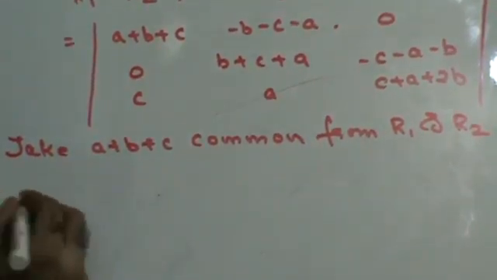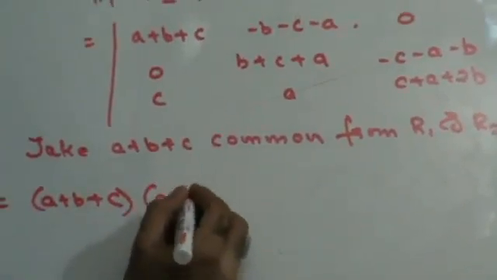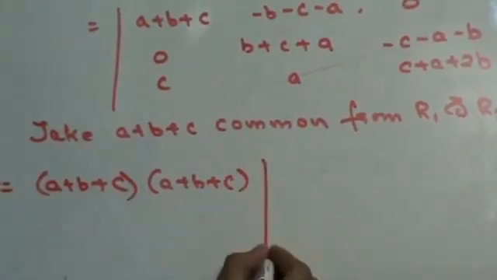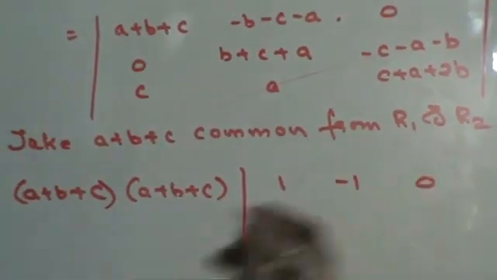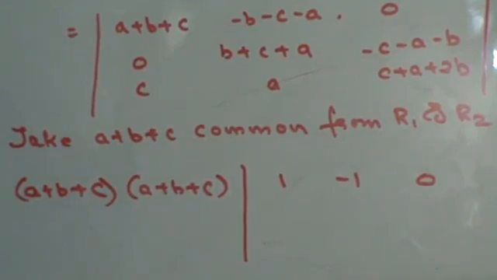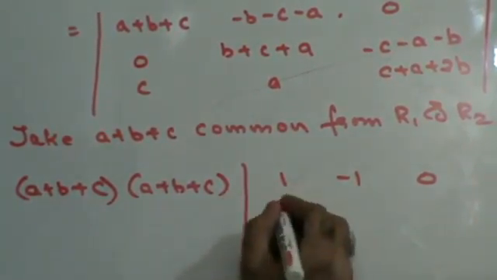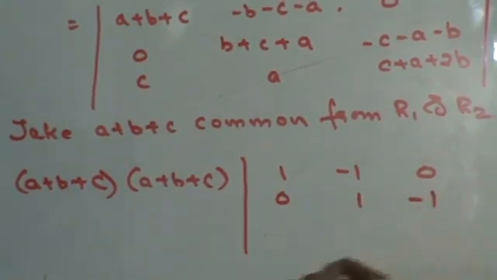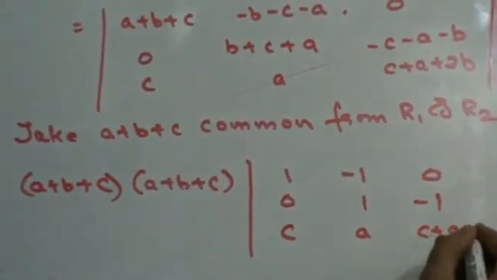In R1, if I take a plus b plus c common from R1, and a plus b plus c common from R2, this will become 1, this will become minus 1, 0, because minus b minus c minus a is nothing but minus common a plus b plus c. Then this will become 0, 1, minus 1, c, a, c plus a plus 2b.